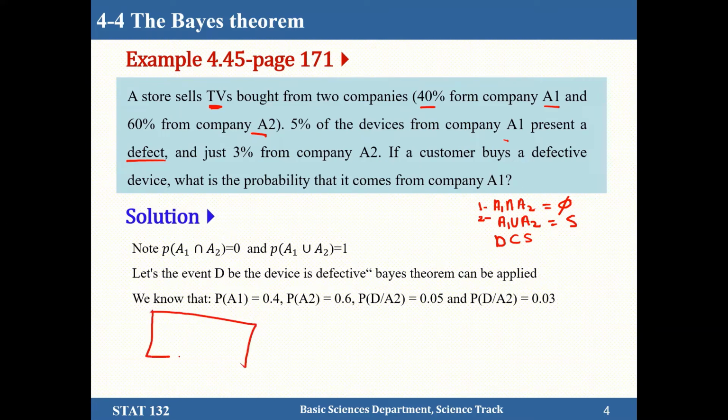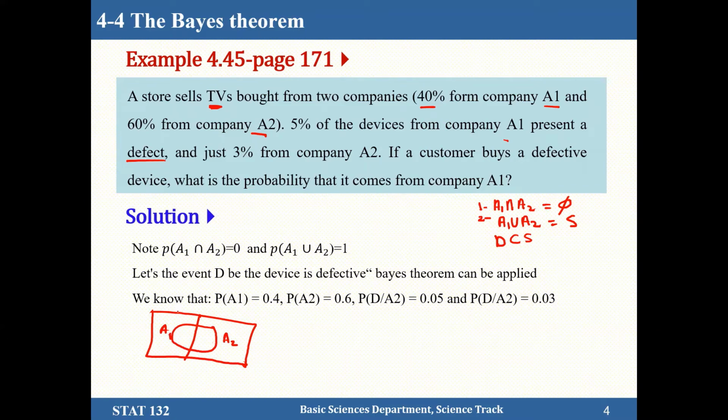This is our store, with just two companies, A1 and A2. Some devices are defective, maybe from company A1, maybe from company A2.